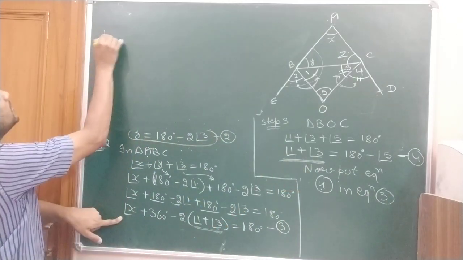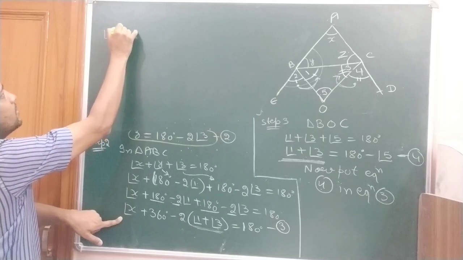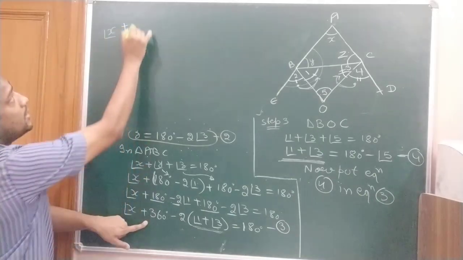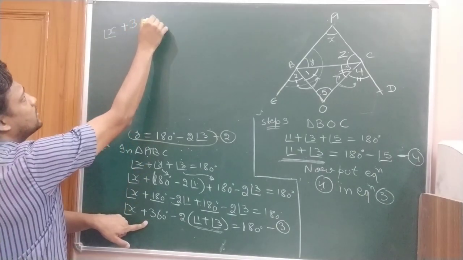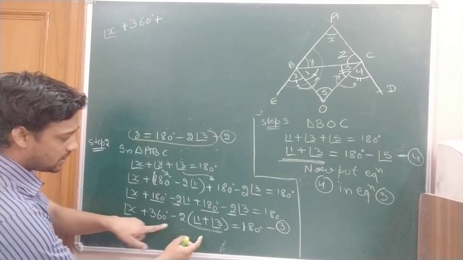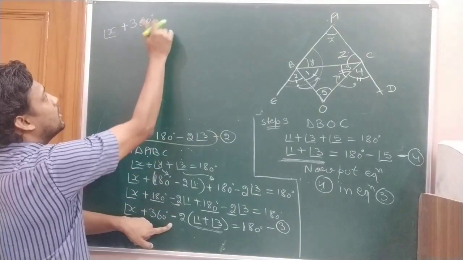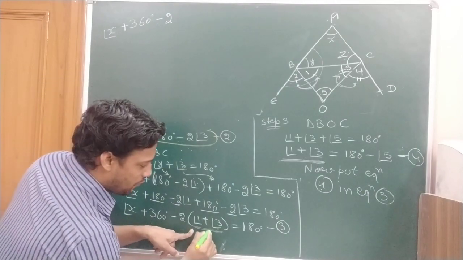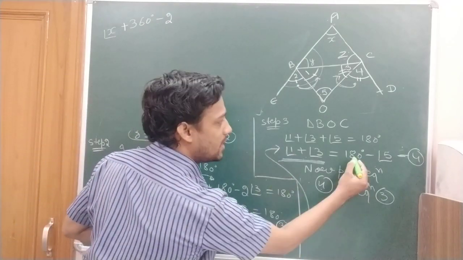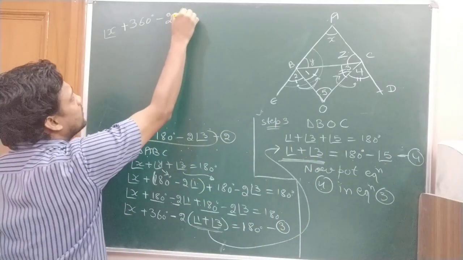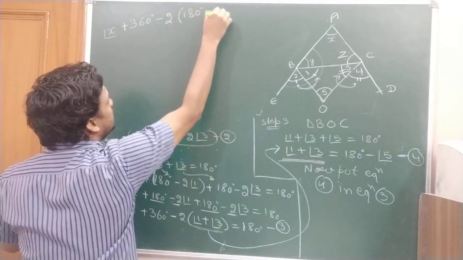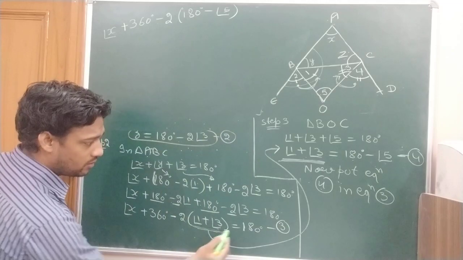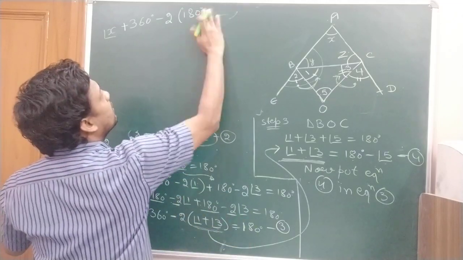Angle X as it is, plus 360 as it is, plus, instead now minus 2. Now angle 1 plus 3: instead of angle 1 plus 3, you have to put this value, that is 180 minus angle 5, equals 180.